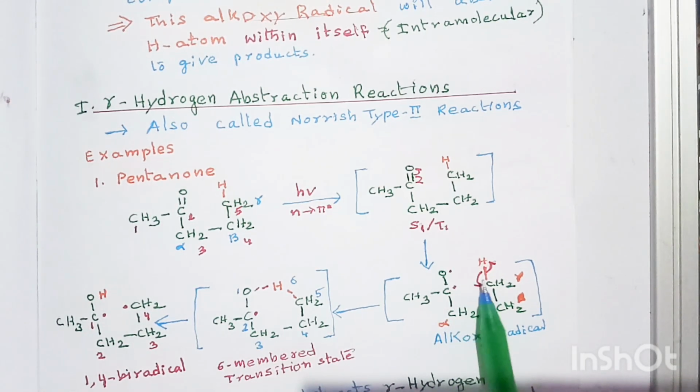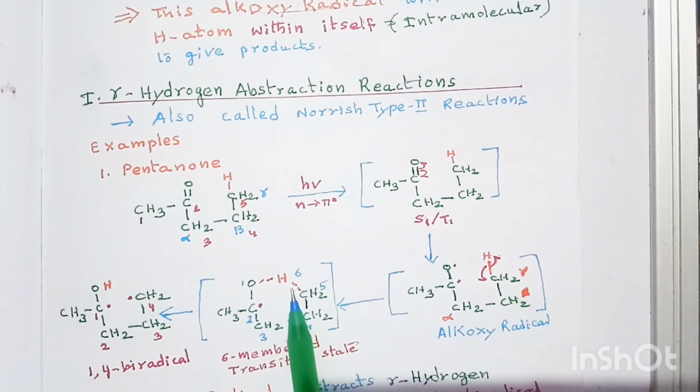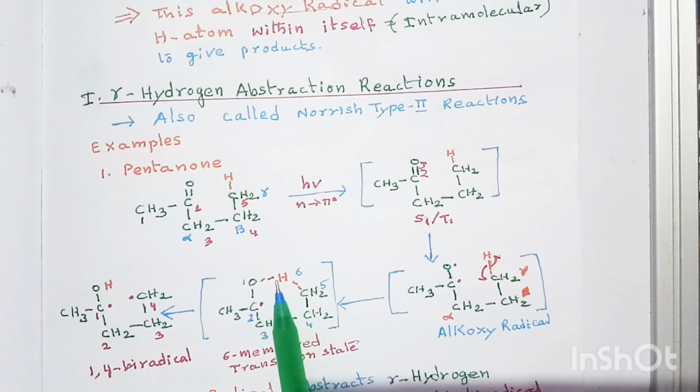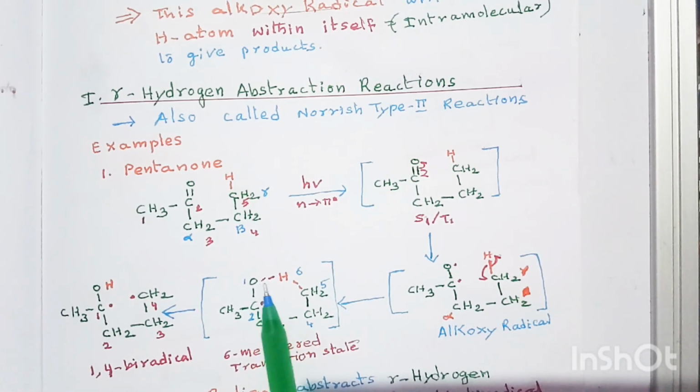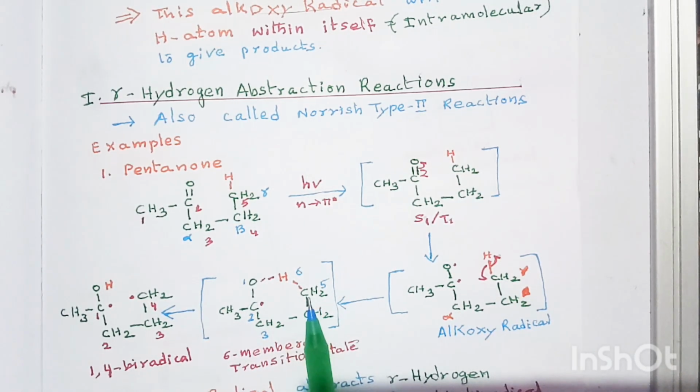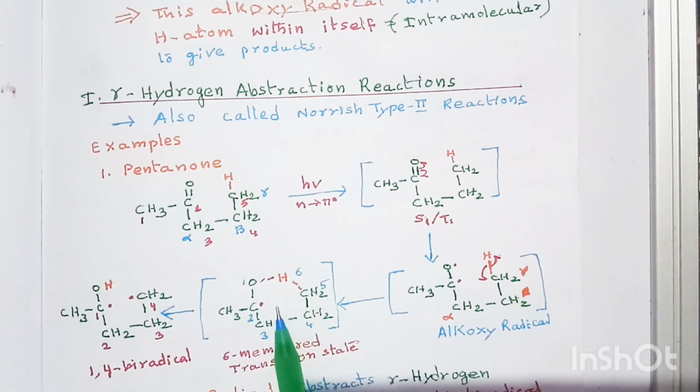Then the gamma hydrogen and gamma carbon bond will start cleaving, as a result of which the gamma hydrogen is attached both to the oxygen radical as well as gamma carbon atom. This gives us a cyclic product.